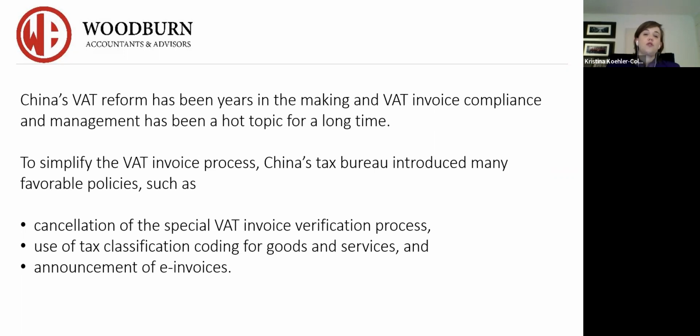When you are issuing VAT invoices, you should probably have a cutoff date of around the 25th, 26th of the month in case cancellation has to happen. What you want to do is make sure that you are canceling invoices in the month that they have been issued.